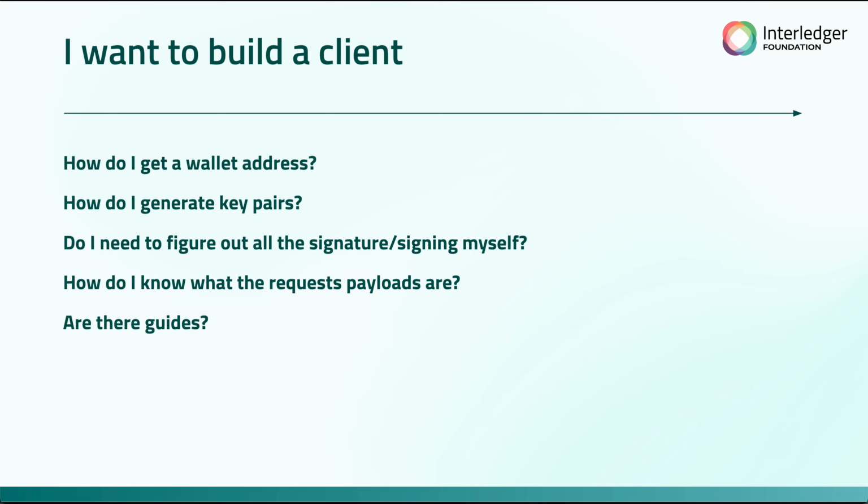So if the question is, if I want to build a client, what are the steps that you need to do? How do I get a wallet address, as a requirement for a client? You can get it at our test wallet, called Rafiki Money, and you essentially can make multiple wallet addresses for particular accounts.